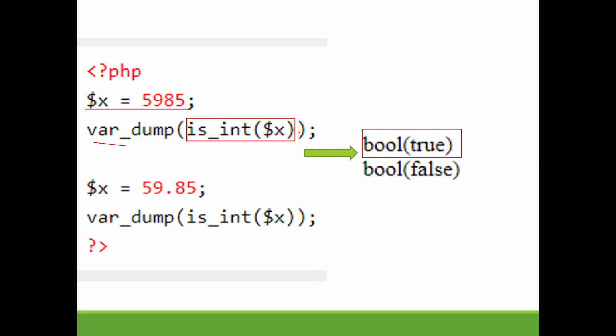This will return either true or false. So we do var_dump, and you can see that it's simply telling us that whatever we've put inside there is a boolean, and the value inside that boolean is true. Otherwise, if we assign x a decimal number and we use is_int, then it's going to return false.